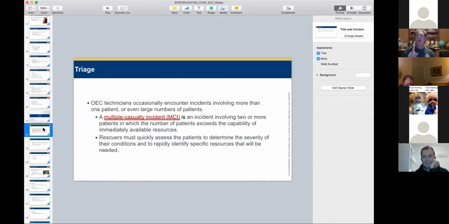Because 1, I'm one person, and 2, I don't have the resources or the ability to take care of 2 patients, okay? So don't always get caught up in an MCI being 25, 35, 50, 100 people.